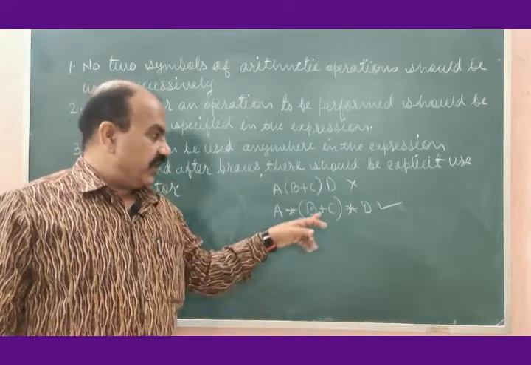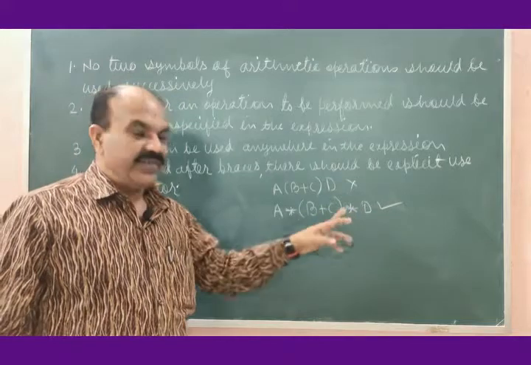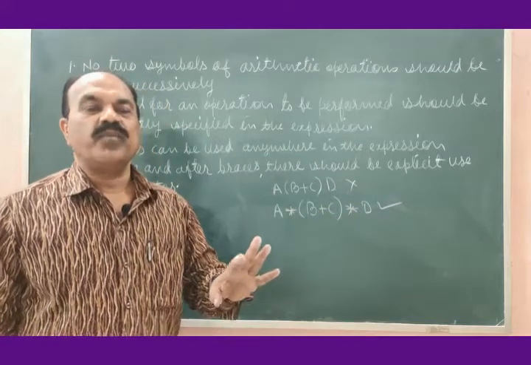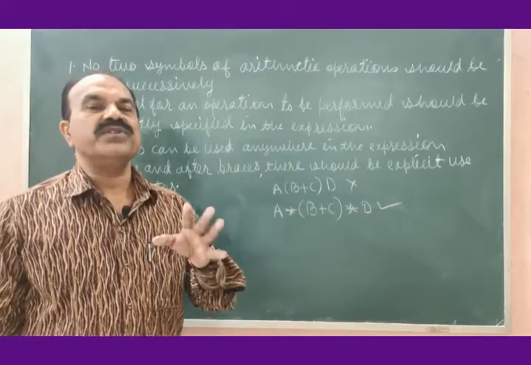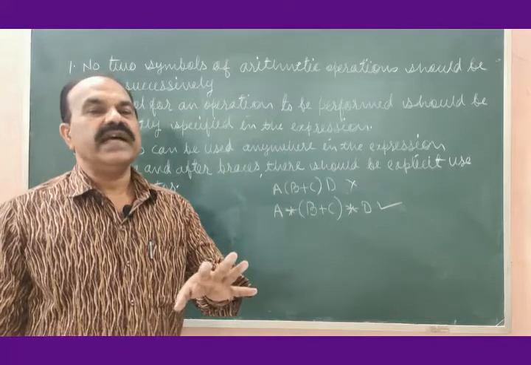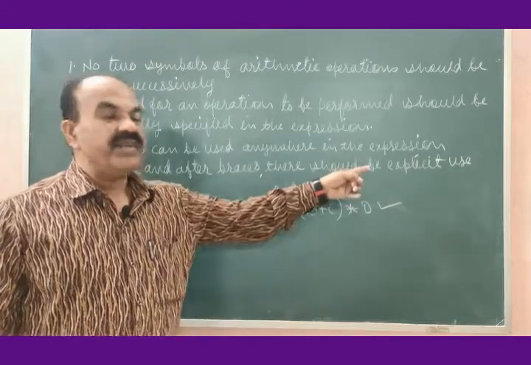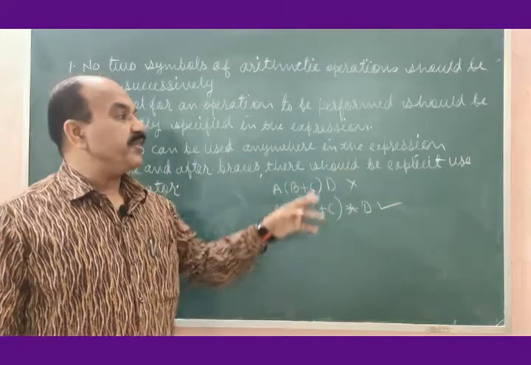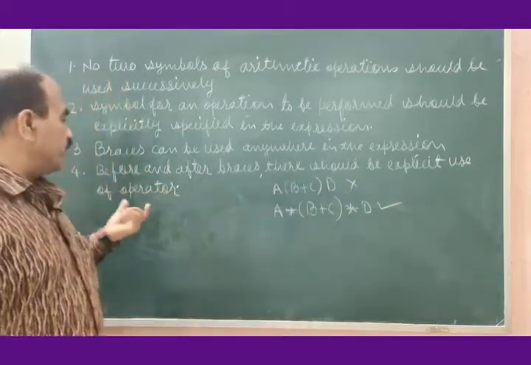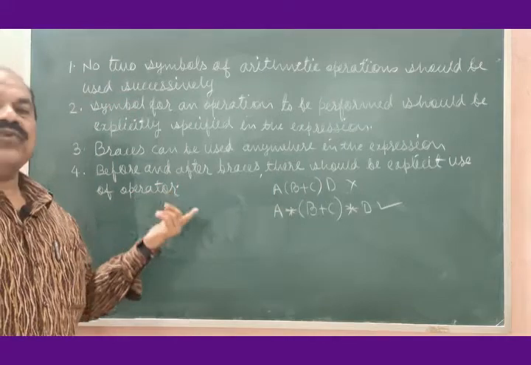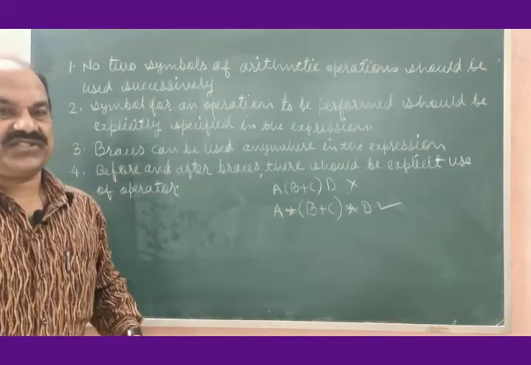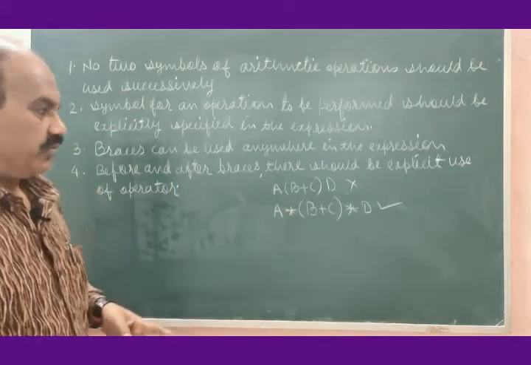So before the braces and after the braces, the proper symbol of an arithmetic operation should be explicitly used. There should be explicit use of the operator before and after the braces. This is the fourth rule.